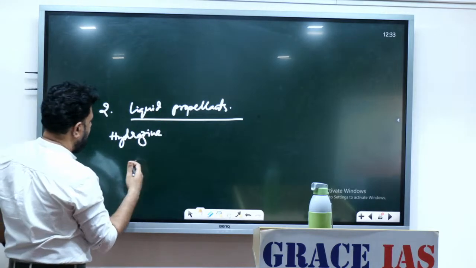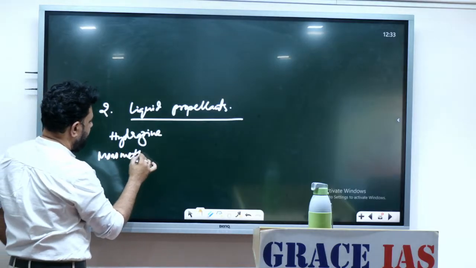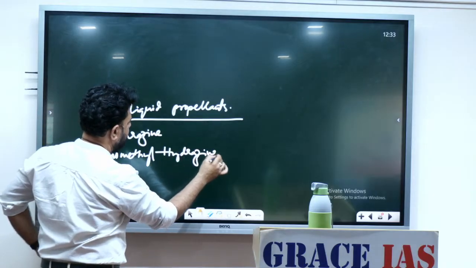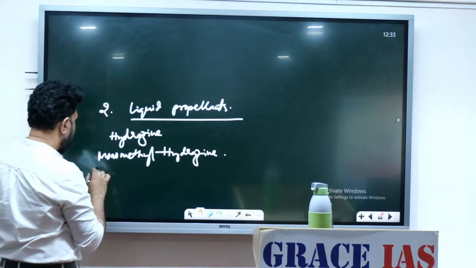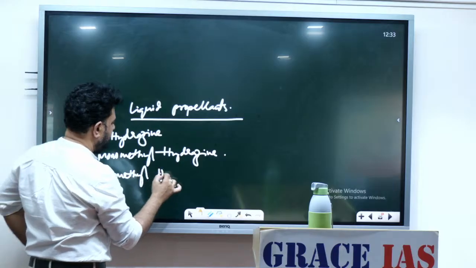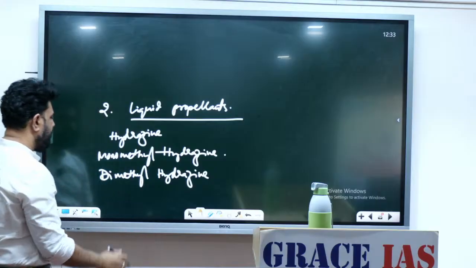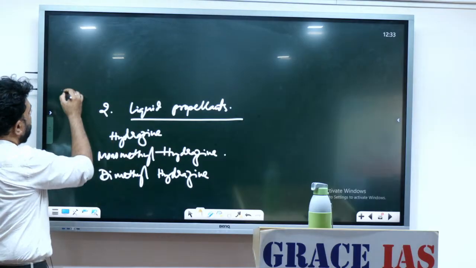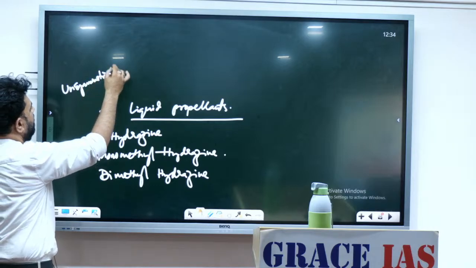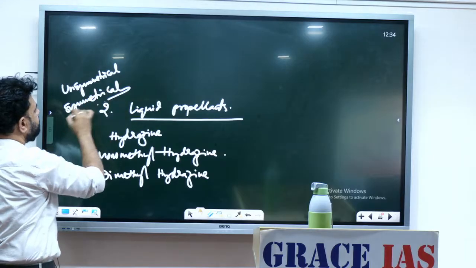We have two types here: monomethyl hydrazine and dimethyl hydrazine. It can be unsymmetrical or symmetrical, that doesn't matter to you.